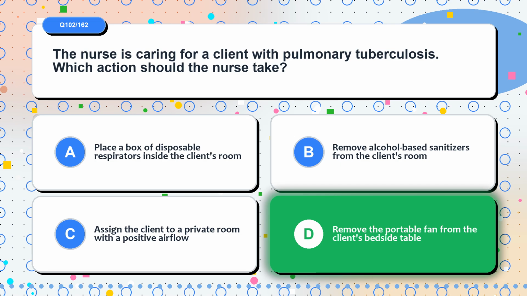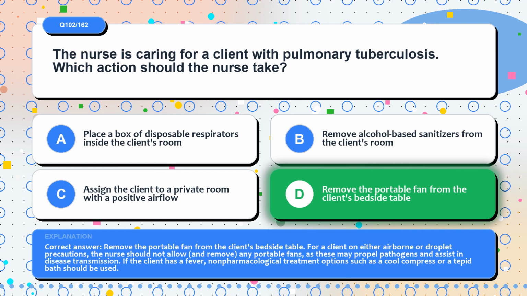The correct answer is option D. Remove the portable fan from the client's bedside table. For a client on either airborne or droplet precautions, the nurse should not allow and should remove any portable fans, as these may propel pathogens and assist in disease transmission.